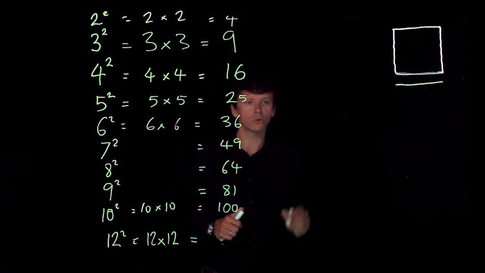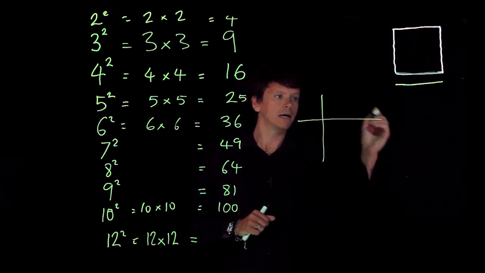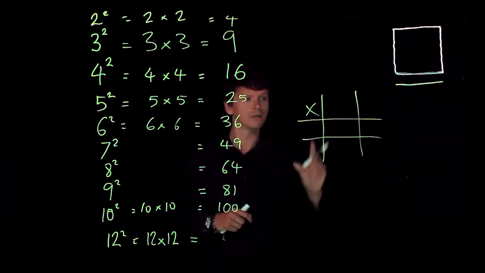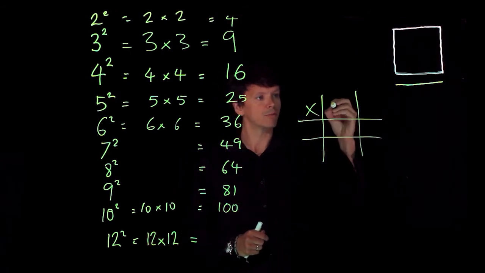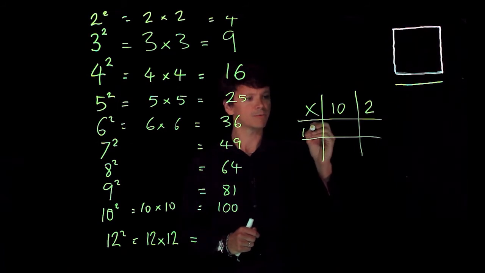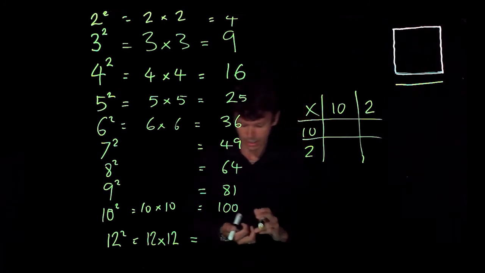So 12 times 12. Well, there are lots of ways to work that out. I'm going to use a grid method here. Grid method for multiplication. We're going to say 12, which we're going to break down into the tens and the units, a 10 and a 2. And we're multiplying that by 12, which is, again, a 10 and a 2.